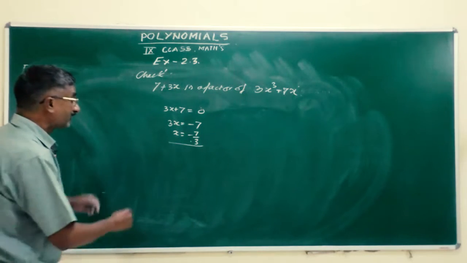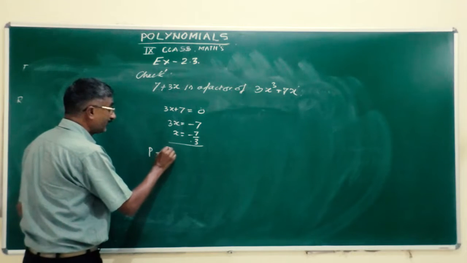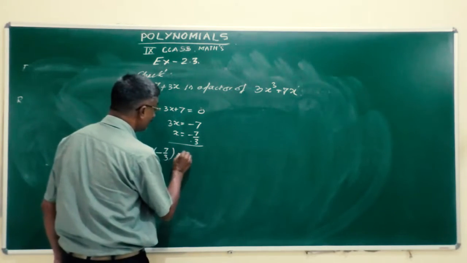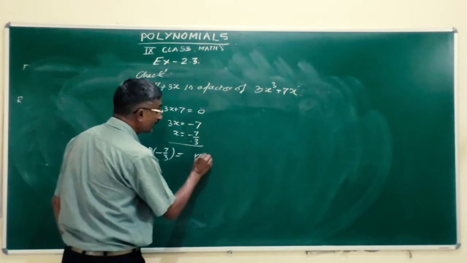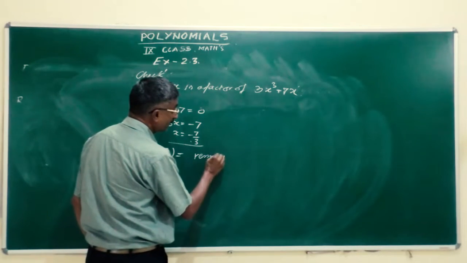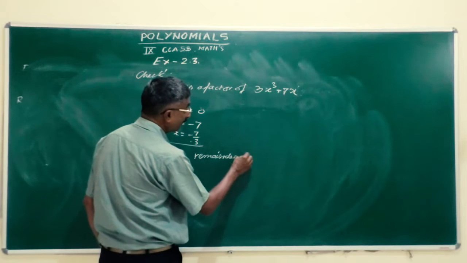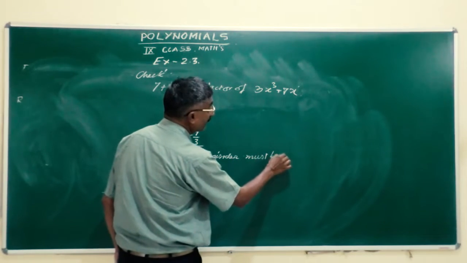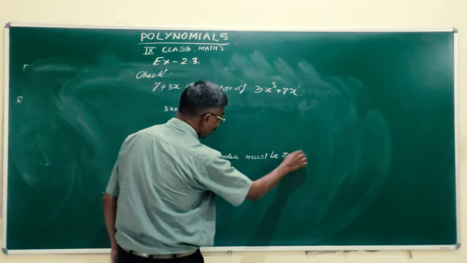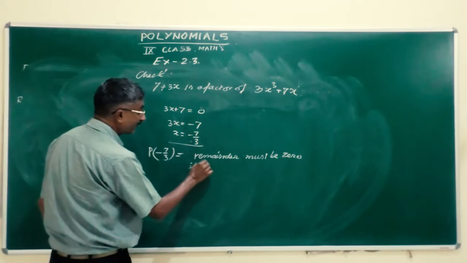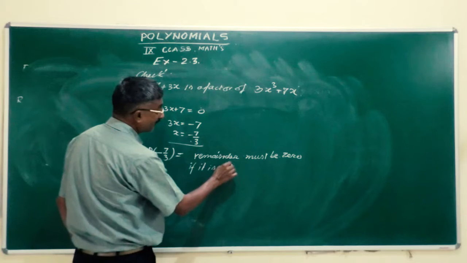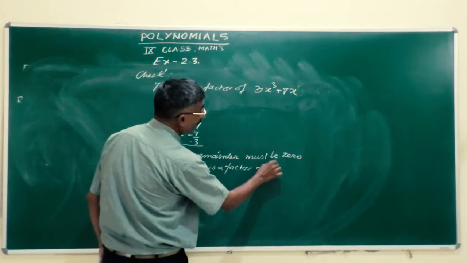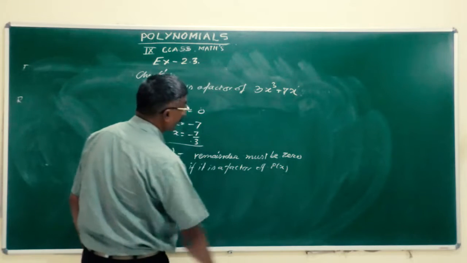Clear? If we substitute p of minus 7 upon 3, the remainder must be 0 if it is a factor of px.